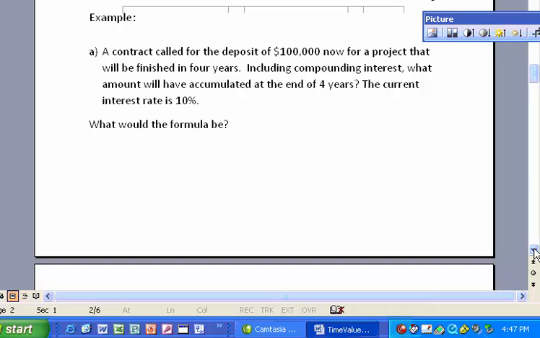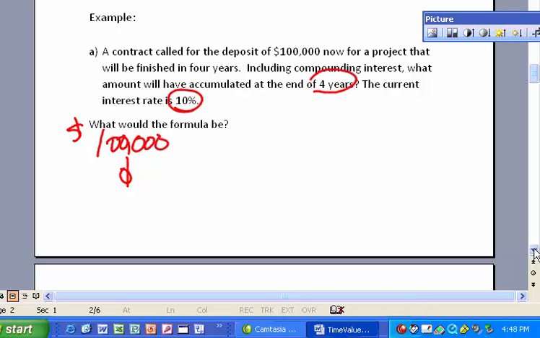At this point, a contractor calls for a deposit at time 0 of $100,000. You put that money into an account, and it's going to grow at 10% interest for 4 years. The question is, what is this going to grow to? In other words, we're interested in the future value.